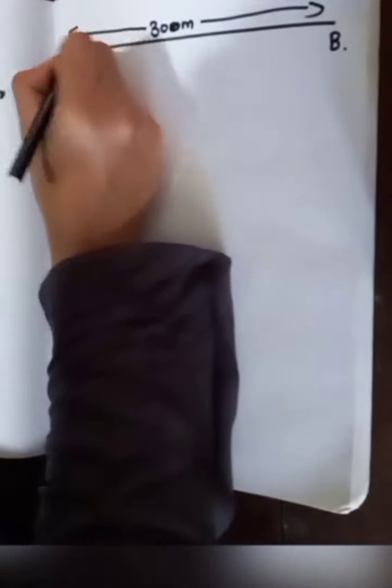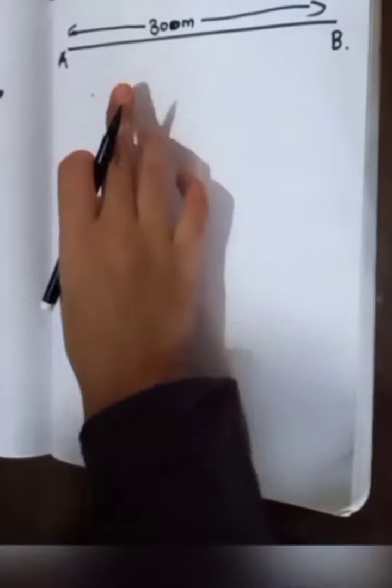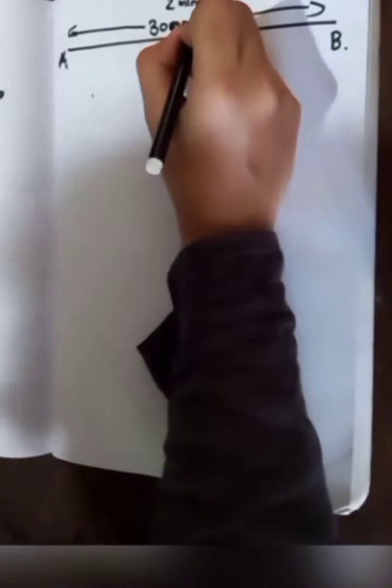From A to B, the distance is 300 meter. He takes 2 minutes 30 seconds to cover 300 meter.